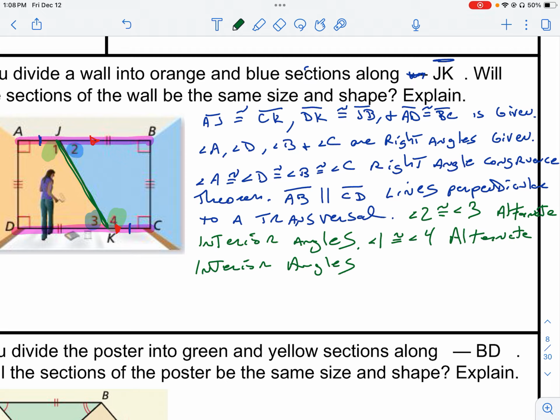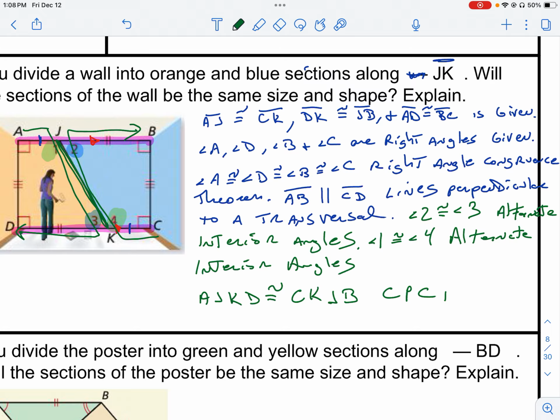So we've got A, J, K, D is congruent to, so we went AJ down the middle, down the long side. So we got to go short, up the middle, down the long, CK, JB, because corresponding parts of congruent polygons are congruent.